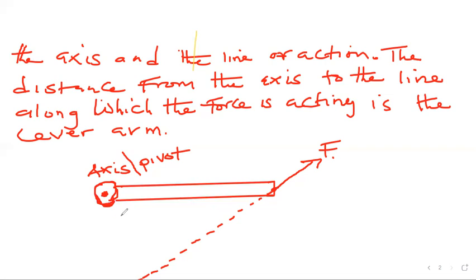So we draw a line which will be perpendicular to it, and this one should be a solid line. If it hits that line at that point, it will be perpendicular, so it will make an angle of 90 degrees. And this is what you get as your lever arm.